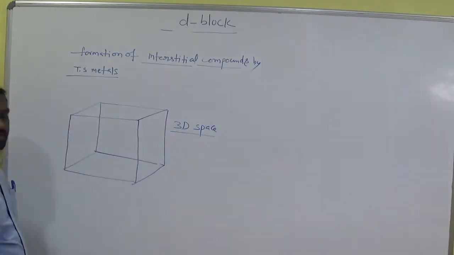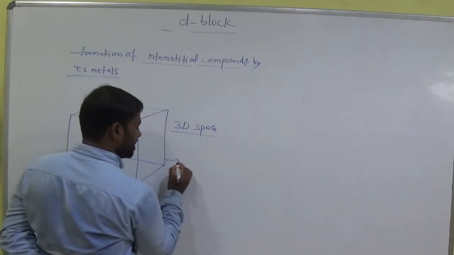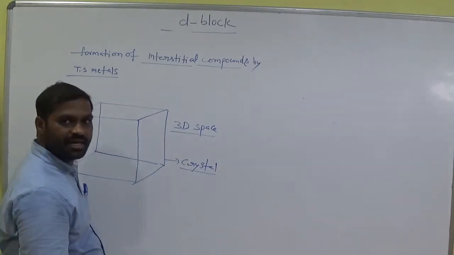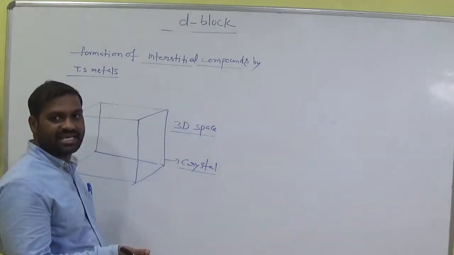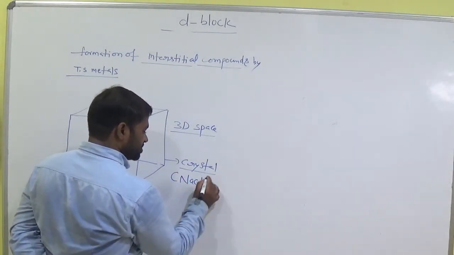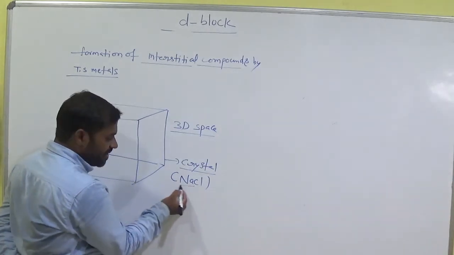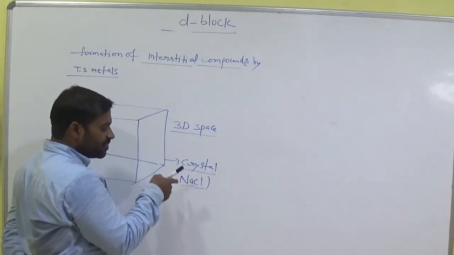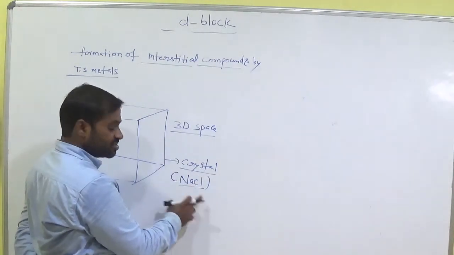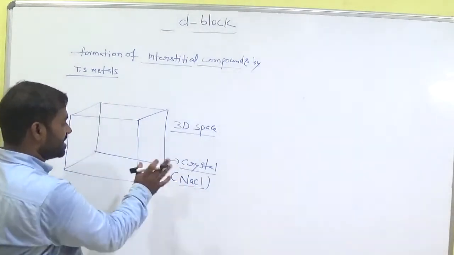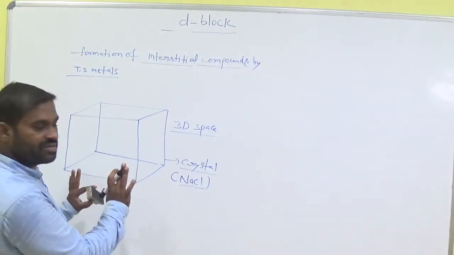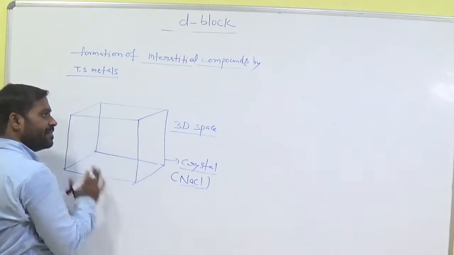Suppose it is a crystal, say a potassium or sodium crystal, or NaCl. What are the constituent particles here? Sodium and chlorine. The sodium chloride crystal consists of sodium and chlorine. So just assume a crystalline structure with three-dimensional space.